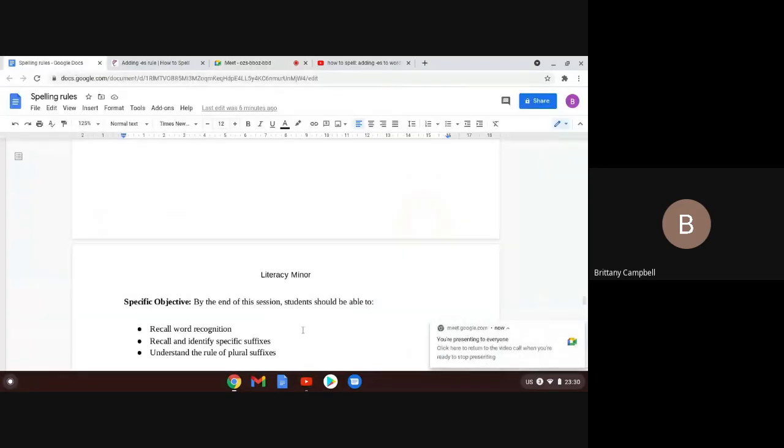So for the objectives, right? By the end of this session, you should be able to recall word recognition. You should be able to recall and identify specific suffixes, and you should be able to understand the rule of plural suffixes.